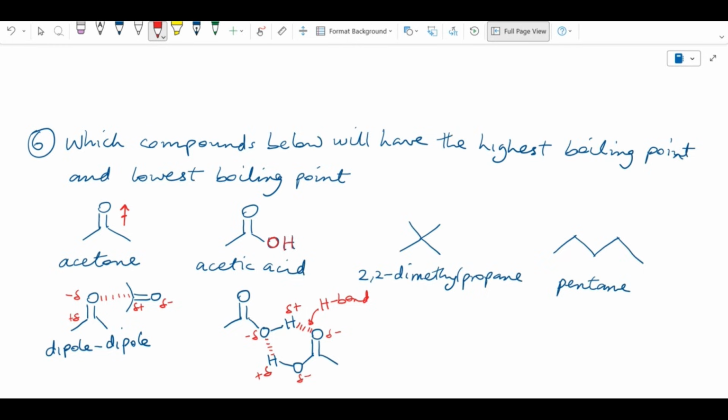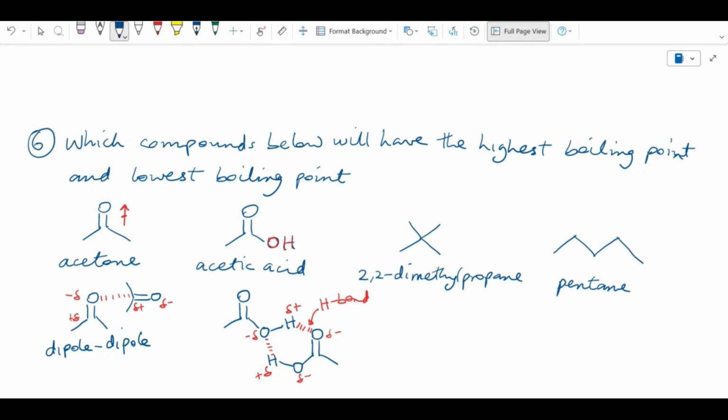And hydrogen bonding interaction is a stronger attractive interaction than dipole-dipole interaction. So based on this, we will say that acetic acid will have the highest boiling point. For 2,2-dimethyl propane or neopentane and pentane, they both have dispersion interactions.